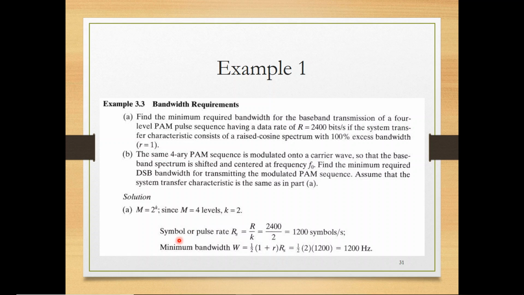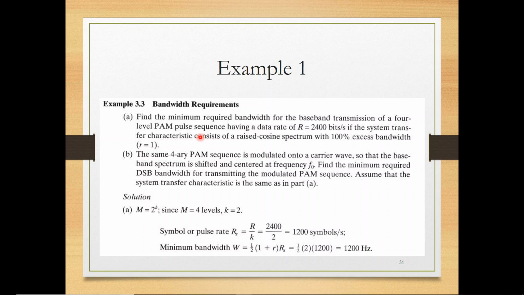But here we are talking about baseband, so you put RS over 2. What's RS? We found that RS is 1200. You put the value in, and you get the required system bandwidth to transmit your signal successfully. Is that clear?